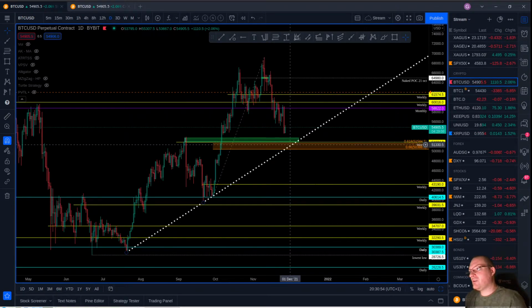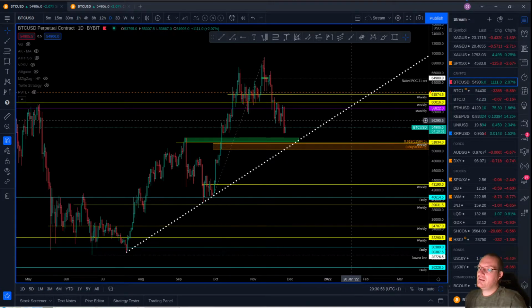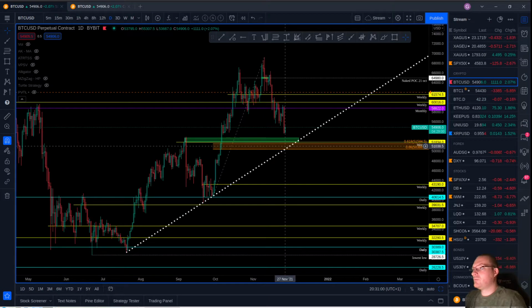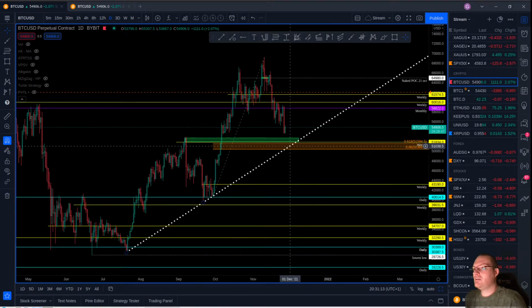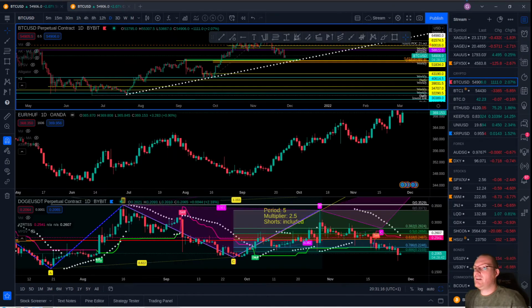If we come back down here, we would also touch again this support line. So order block, weekly support, 0.618 Fibonacci retracement plus this support line. I think those are nice confluences to rebound from here.